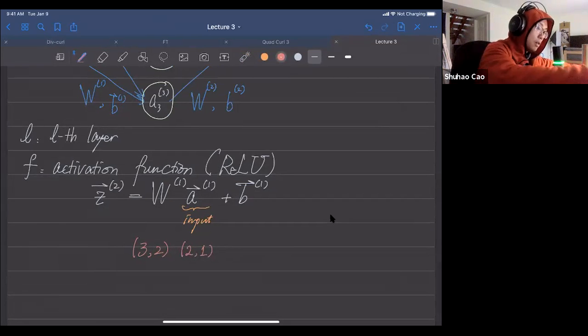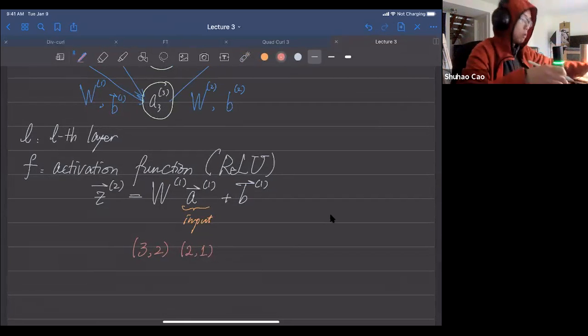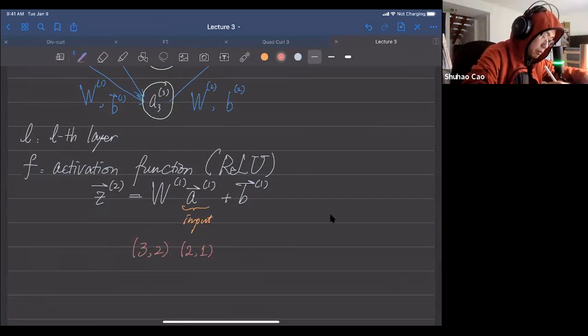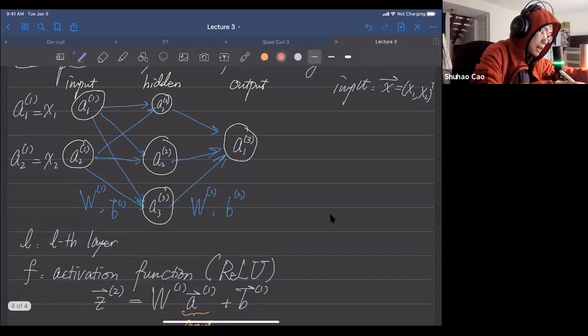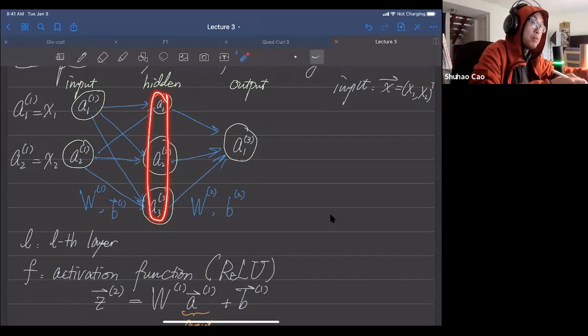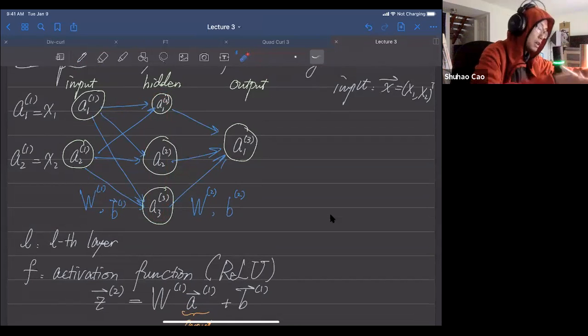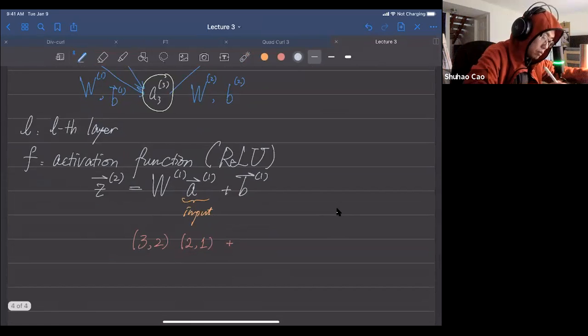And the B vector, for every single perceptron or neuron, we have one bias, so it is a 3 by 1 vector.